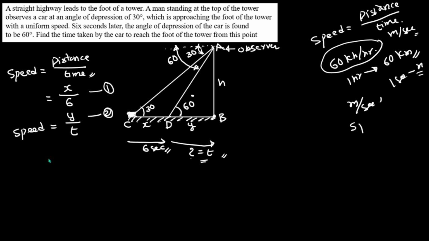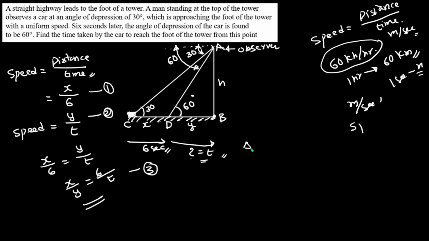So it becomes x by 6 is equal to y by t. Here let's write x by y is equal to 6 by t, right? So this is one equation, let's call it equation number 3.